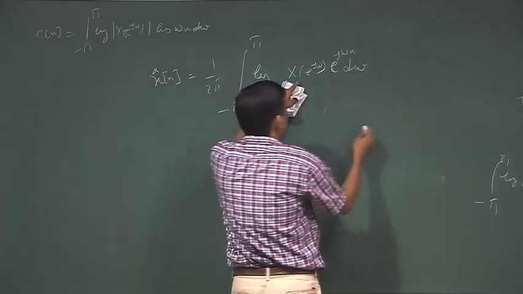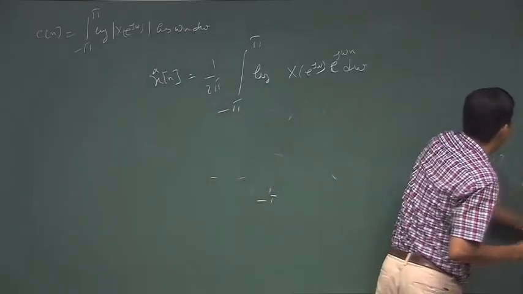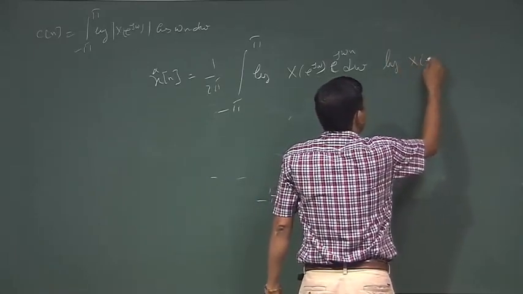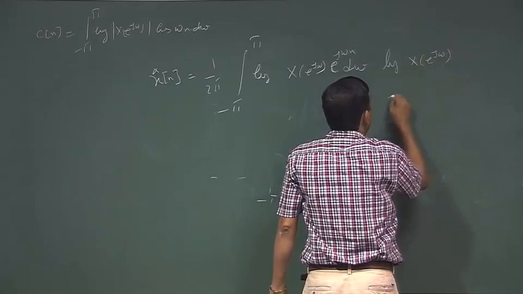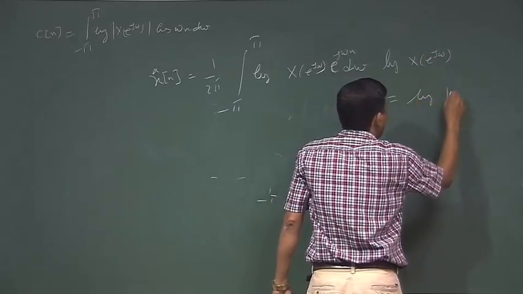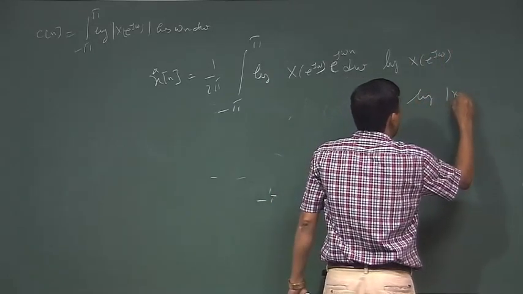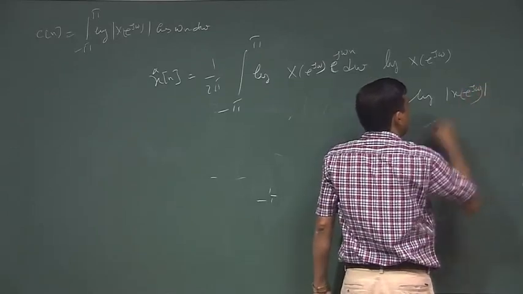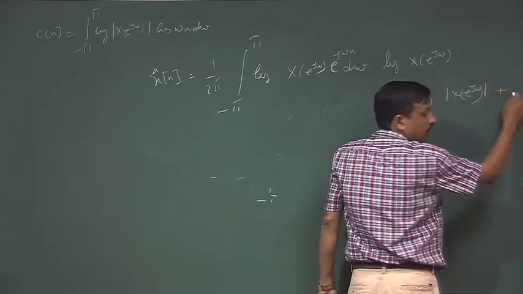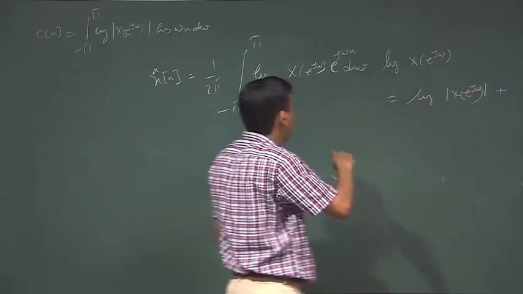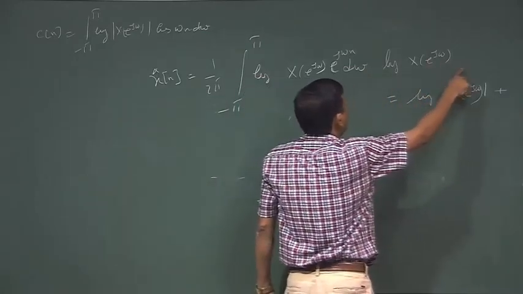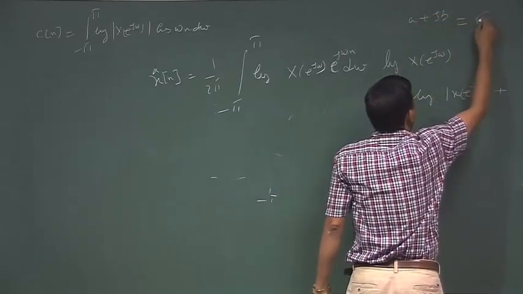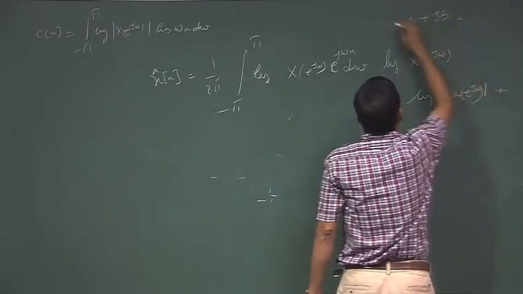So, I can say log of x e to the power j omega is nothing but log of mod of x e to the power j omega plus, so if I take the log of the theta component, a plus jb can be expressed as root over of a square plus b square, suppose this is x.